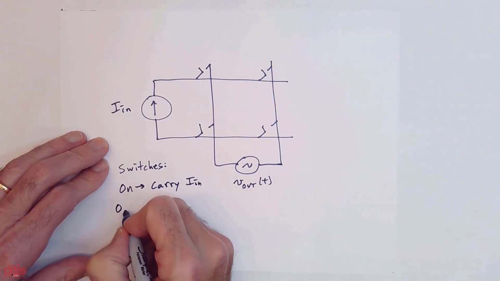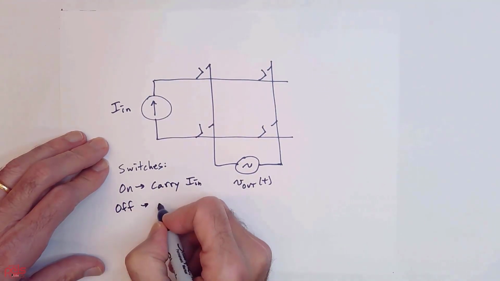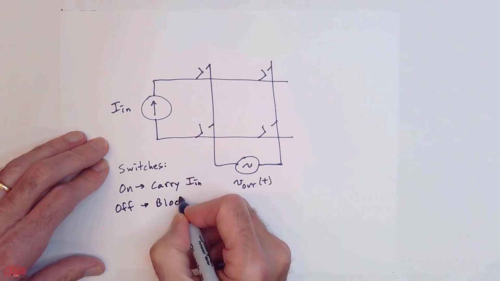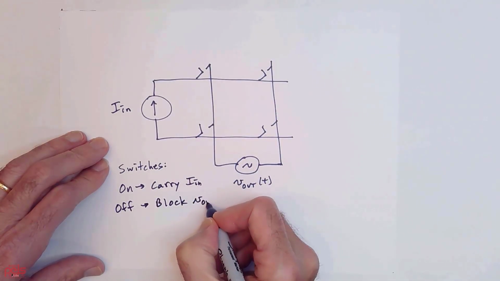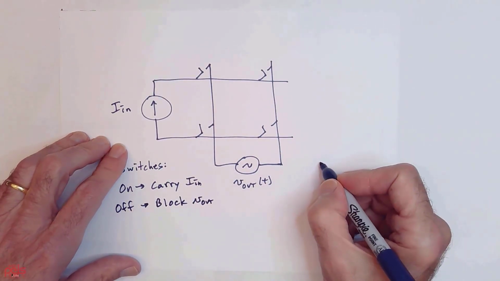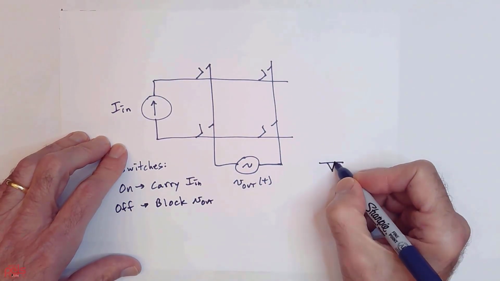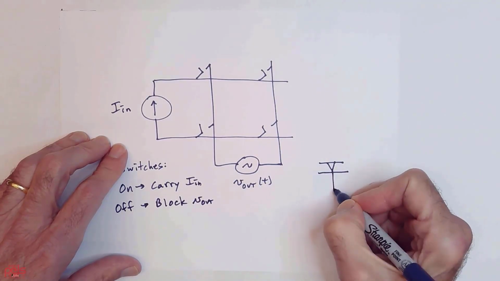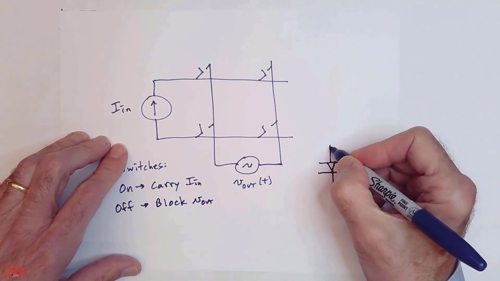When they're off, they have to block V_out, which is an AC voltage.